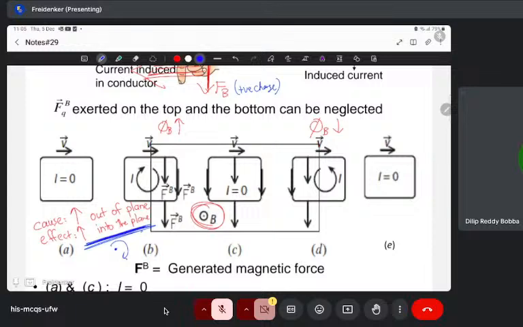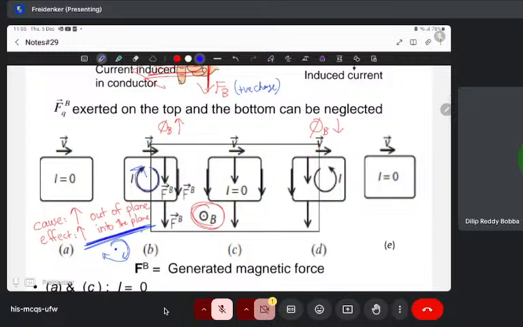That would give you a direction that looks like this. It will give you the clockwise direction. When you point your thumb into the plane and rotate your four fingers, you get the clockwise direction. That direction represents the direction of the induced current. So in this case, the direction of the induced current is clockwise.